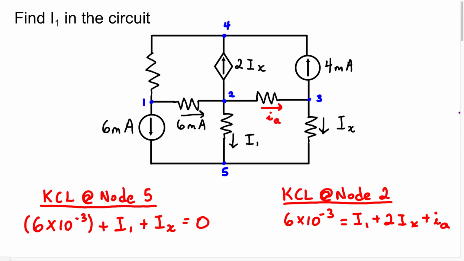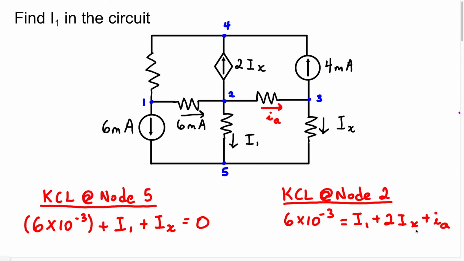So as we look at this problem, now we have 3 unknowns, which is definitely more than we bargained for. And we don't have what's called a constraint equation to eliminate one of these. So we have another equation, and this equation has a relationship between I1, IX, and IA.